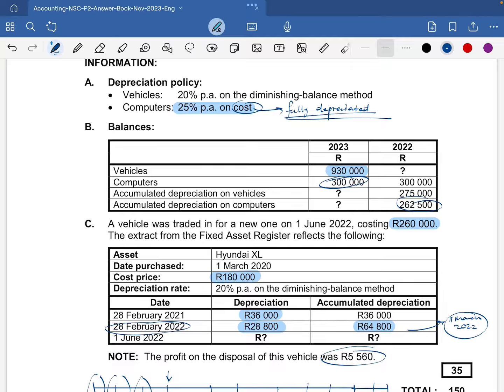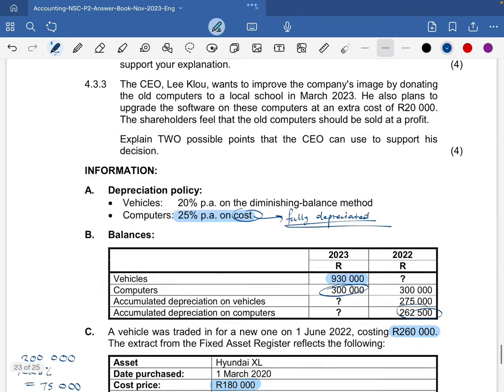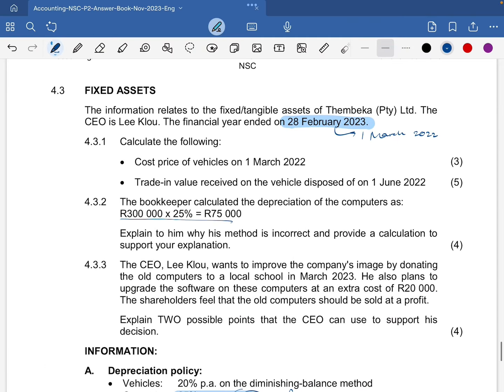Okay, so now let's just quickly test if these assets are fully depreciated. So our carrying cost price, rather, we know it's 300,000 multiplied by 25%. We have already been shown this, and we were given 75,000, which is this calculation.